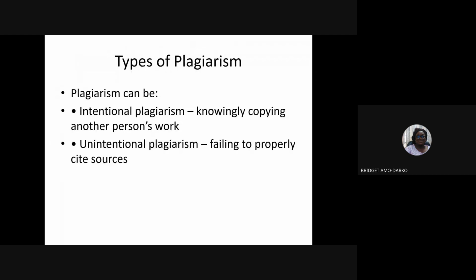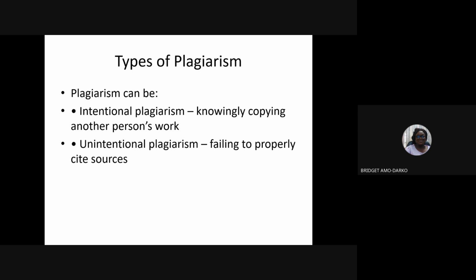So we have types of plagiarism. There are two types. We have intentional plagiarism, knowingly copying another's work. You are aware, your eyes are clear, you know that you are copying, but you won't acknowledge the person. And the second type is unintentional plagiarism, failing to properly cite the source.